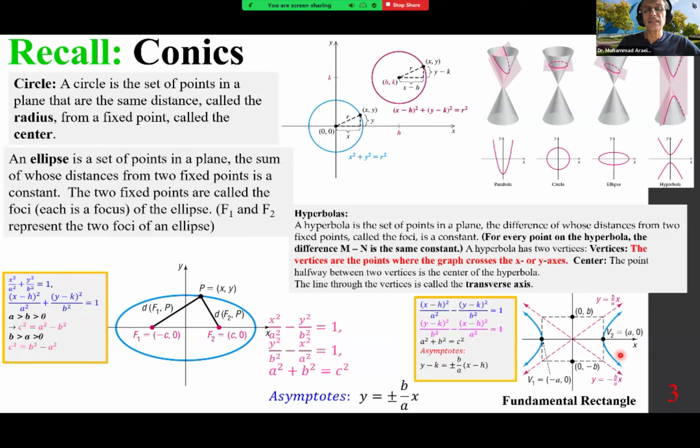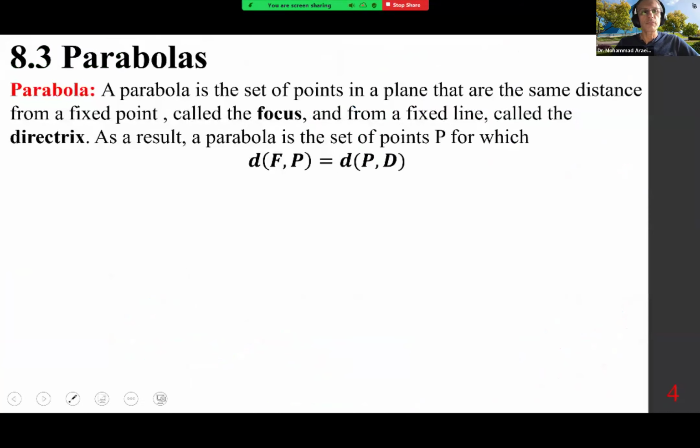If it's centered at h and k, again similar to an elliptical formula, x minus h quantity squared over a squared minus y minus k quantity squared over b squared equals 1, and the rest of it. And now parabolas.